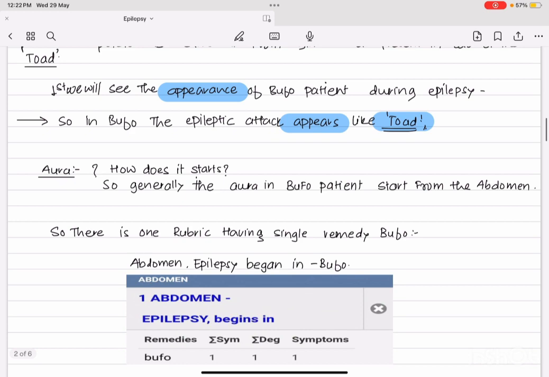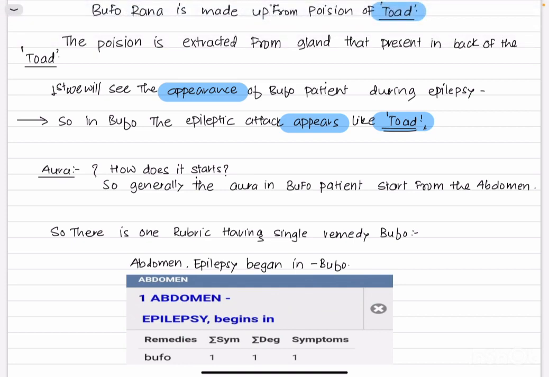So the next important point is its aura. When it comes to the Bufo patient, the aura of this medicine is so peculiar and characteristic. Generally, the aura of the Bufo patient starts from his abdomen. What is meant by aura?